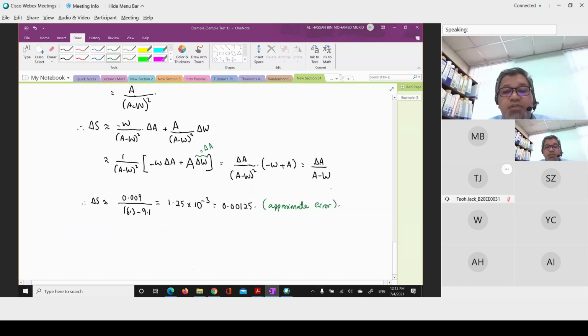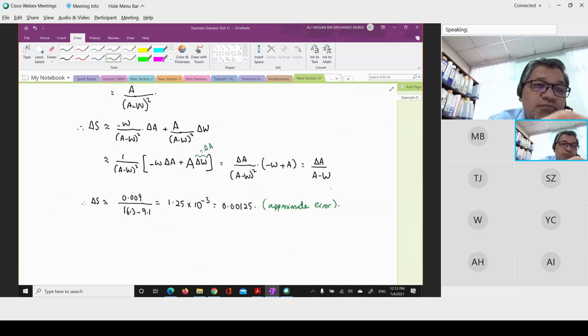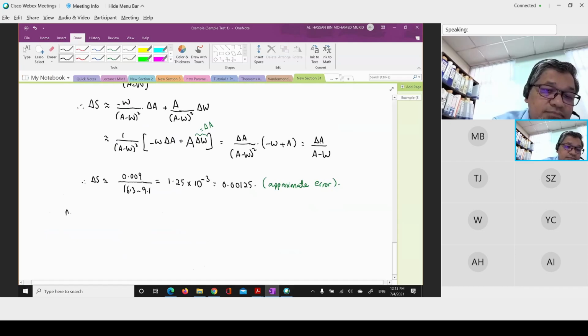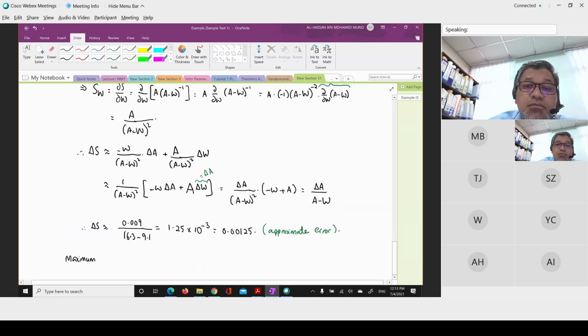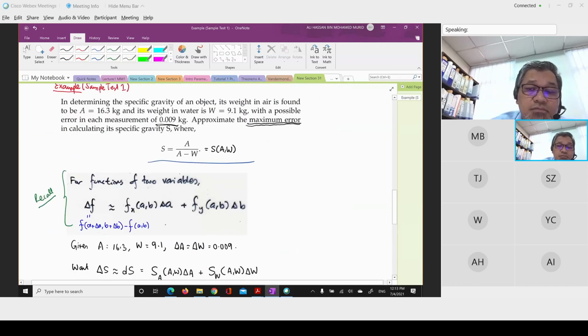If the question asks for the approximate error, then this is the answer. But the question asks for the maximum error.